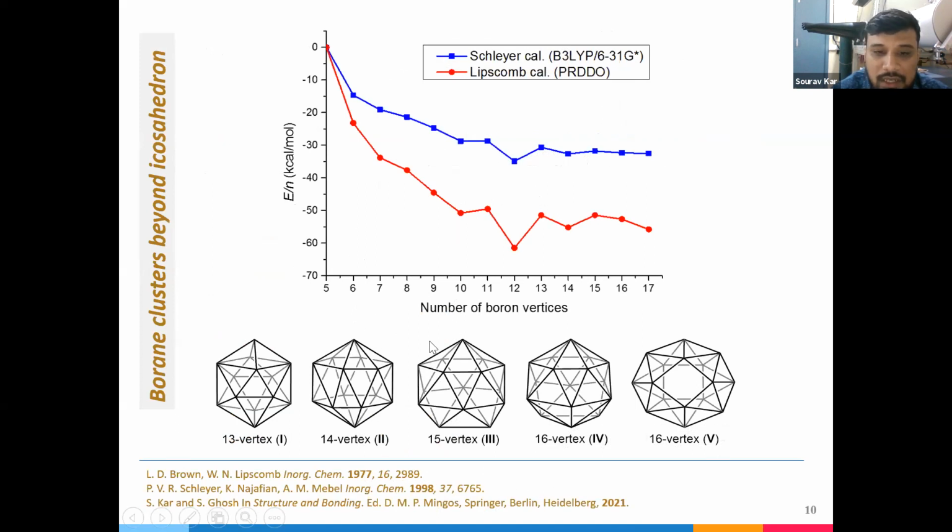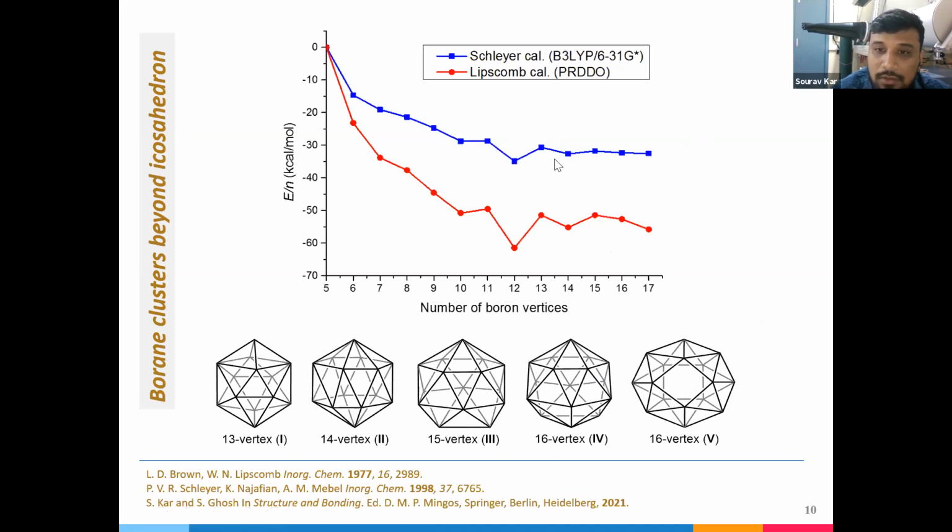Although Lipscomb and Slater proposed structures of higher vertex clusters like the 13-vertex docosahedron, the 14-vertex bicapped hexagonal antiprism, the 15-vertex henicosahedron, and the 16-vertex in two types, one a truncated tetrahedron and another a square crown, the theoretical energy calculation has revealed that there is an icosahedral sink.